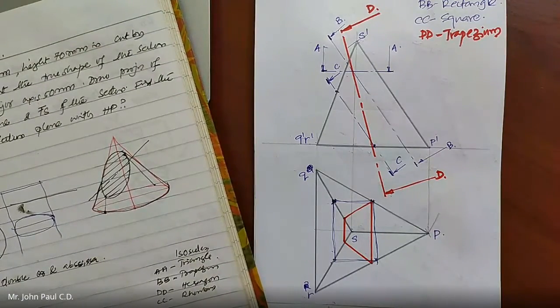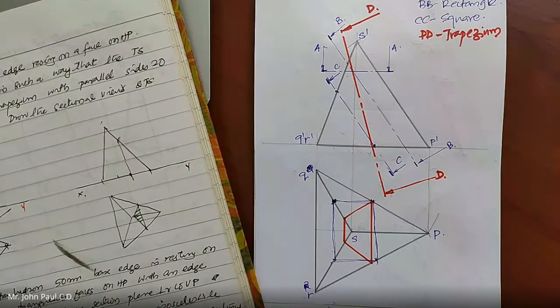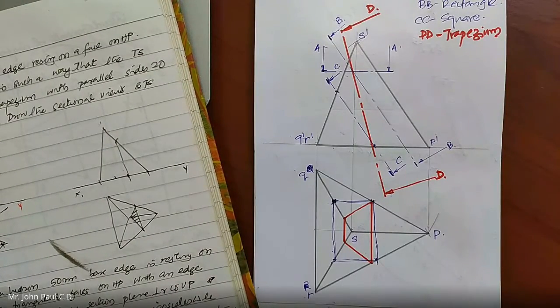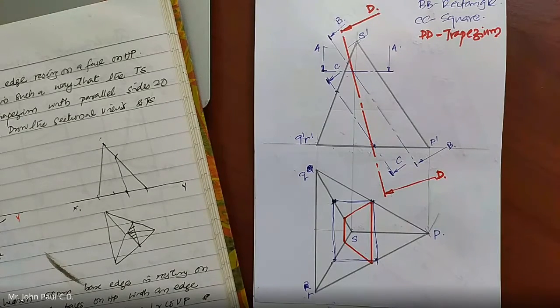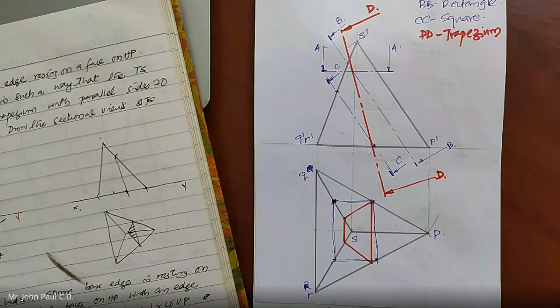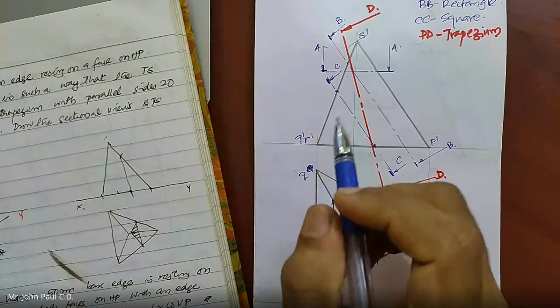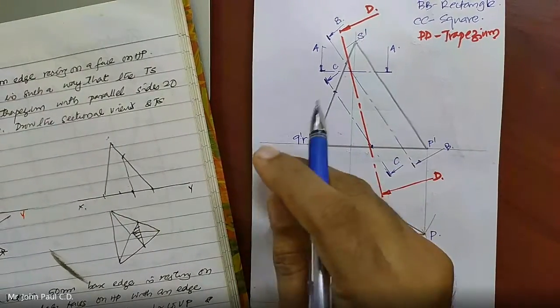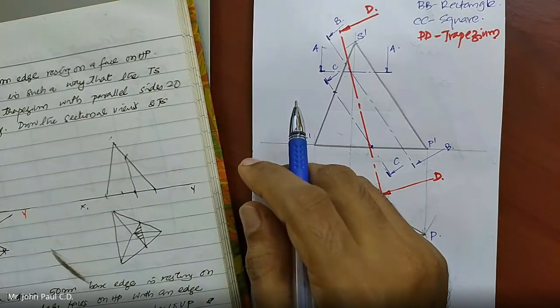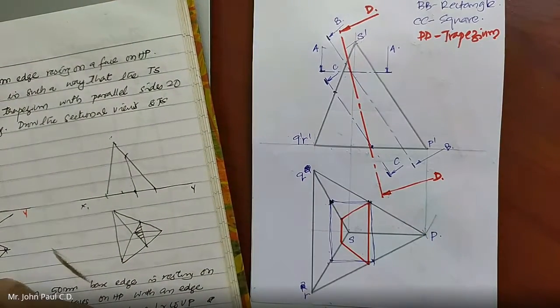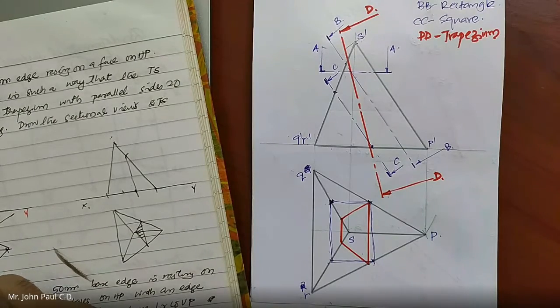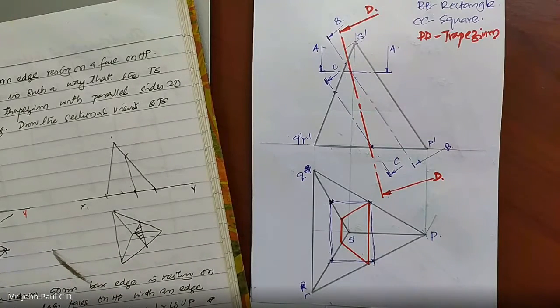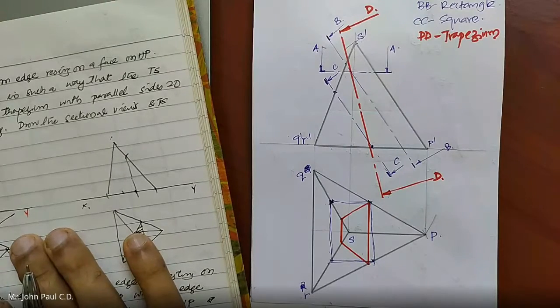It is like that. So shall we do a tetrahedron problem? Are you ready? Yes, sir. Okay, right. Please note down the question. A tetrahedron of 50 mm edge is resting on a face on HP.